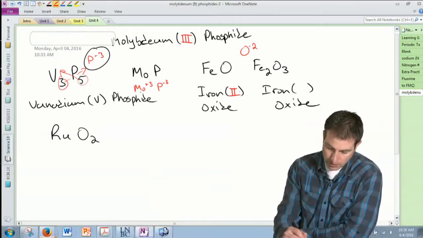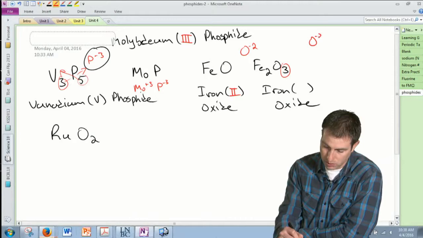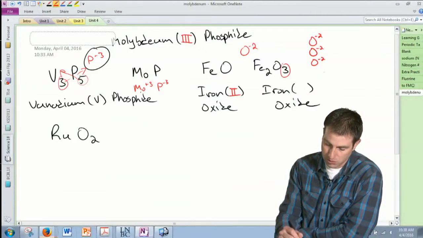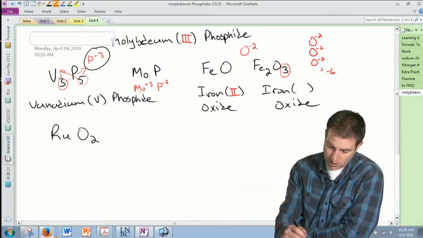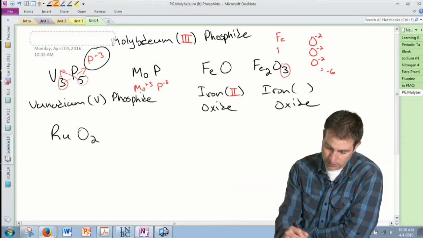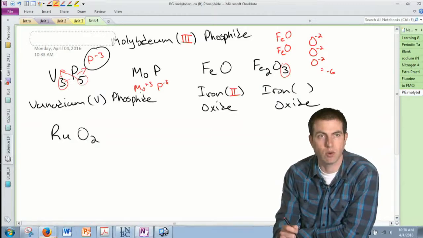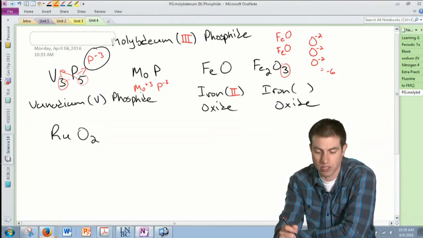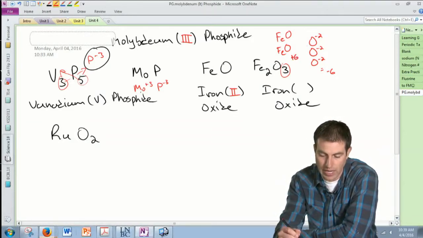The next one, oxygen has a charge of -2. So how many oxygens do I have? Well, I have 3 of them. Oxygen, -2, -2, -2. To total that, I end up with -6. What about my iron? I have 2 irons. What charge does each of these irons have to have in order for this to have a charge of +6? Because these have to balance.